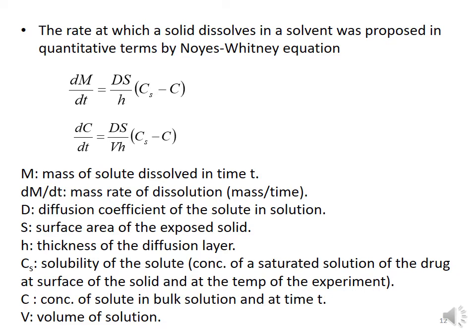The equation can be written as dm/dt = (DS/h)(Cs - C), or dC/dt = (DS/Vh)(Cs - C), where m is the mass of solute dissolved in time t, dm/dt is the mass rate of dissolution, D is the diffusion coefficient of the solute in solution, S is the surface area of the exposed solid, h is the thickness of the diffusion layer, Cs is the solubility of the solid, which is the concentration of a saturated solution of the compound at the surface of the solid and at the temperature of the experiment, and C is the concentration of solute in the bulk solution at time t.